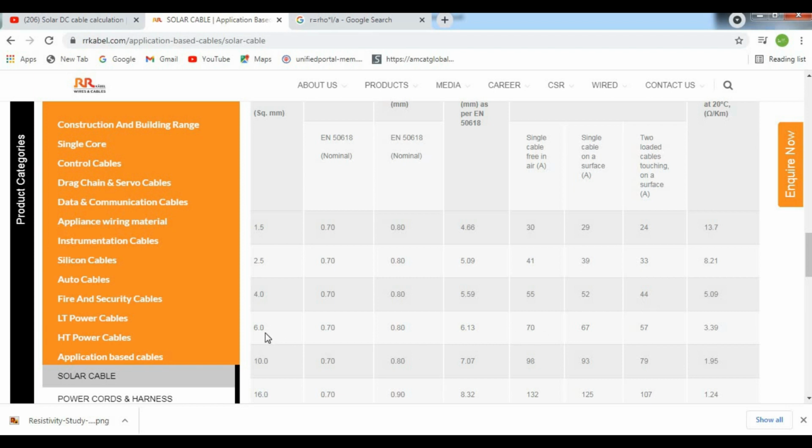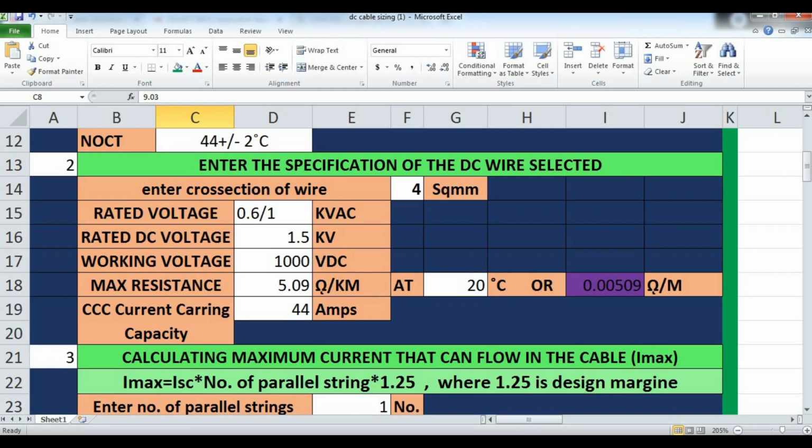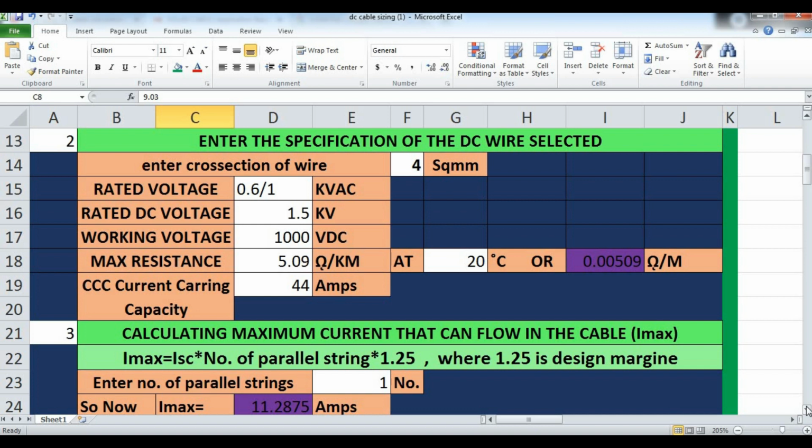Now coming to our technical sheet, as you can see here, we have taken 4 square mm cable, and the rated DC voltage and working voltage, everything was given there, as I showed you in the technical parameters of that particular cable site. So the first thing we need to calculate is the maximum current that can flow through the cable.